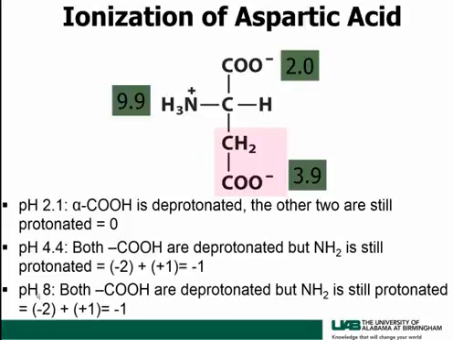At pH 8.0, you've exceeded this, that's -1. You've exceeded this, that's -1. Add them together, that's -2. You have not exceeded this, so it's still plus 1. -2 plus 1 is -1 at pH 8.0, right here.